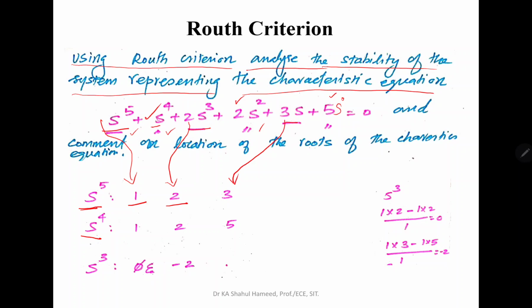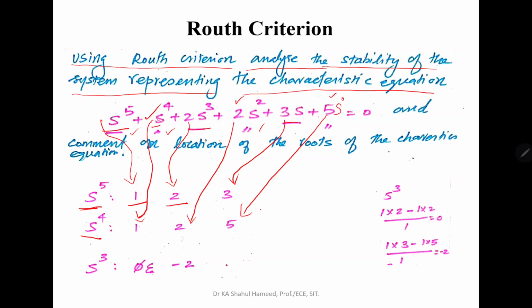And then I'm writing the even power coefficients, that is s^4, this one, then s^2 is 2, then s^0 is 5. So the first two rows we have written from the characteristic equation.